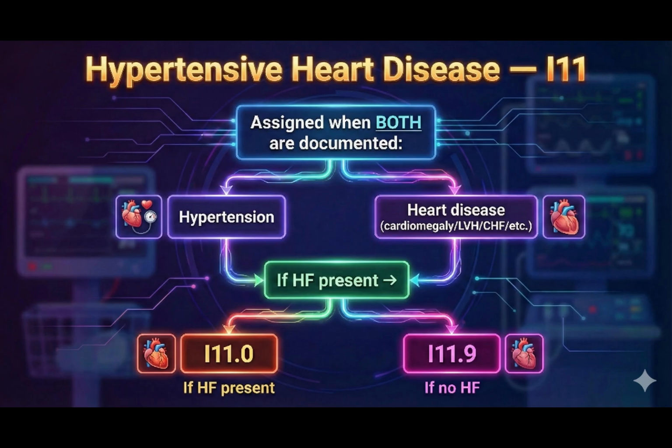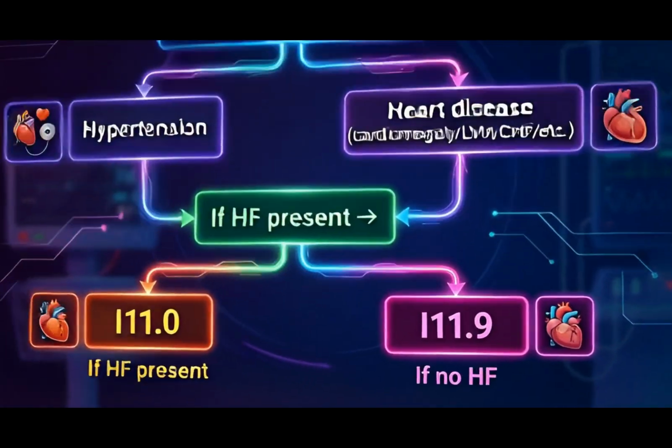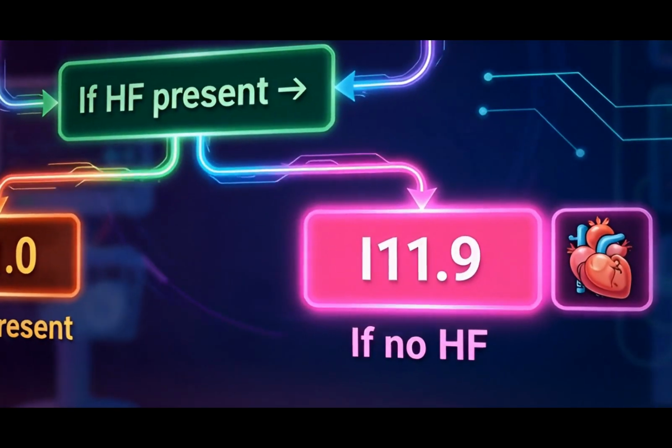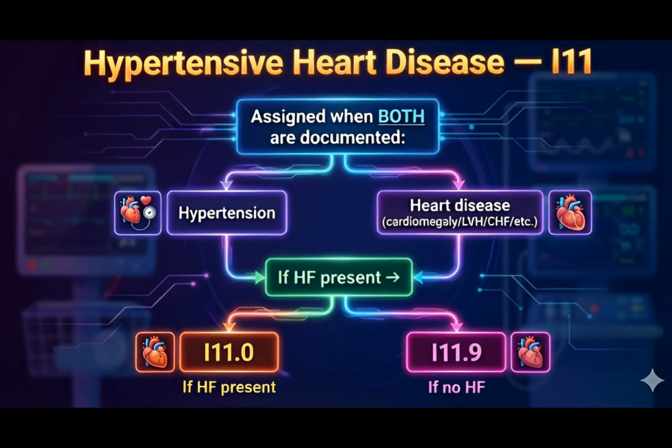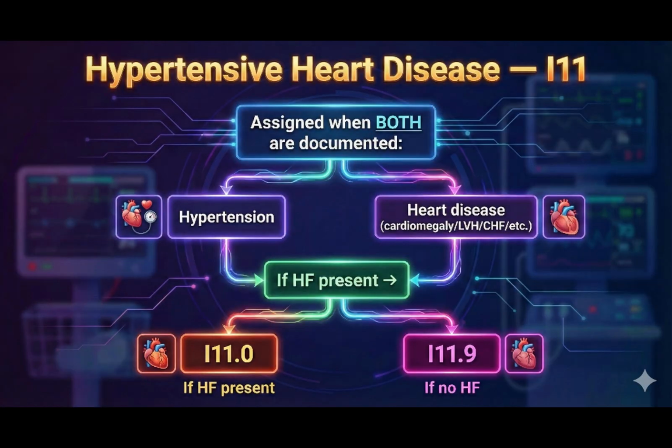If the provider documents hypertension with heart disease but no heart failure, then the correct code is I11.9, hypertensive heart disease without heart failure. In summary, I11 requires two things: a documented heart condition and a clear link with hypertension. Without both, you should not use I11.